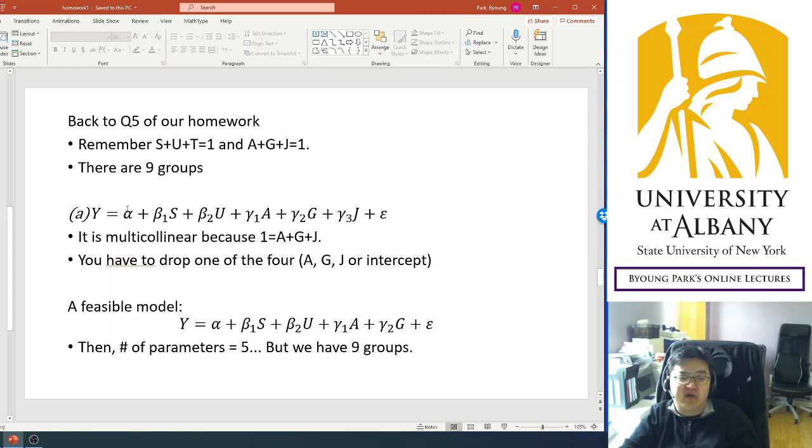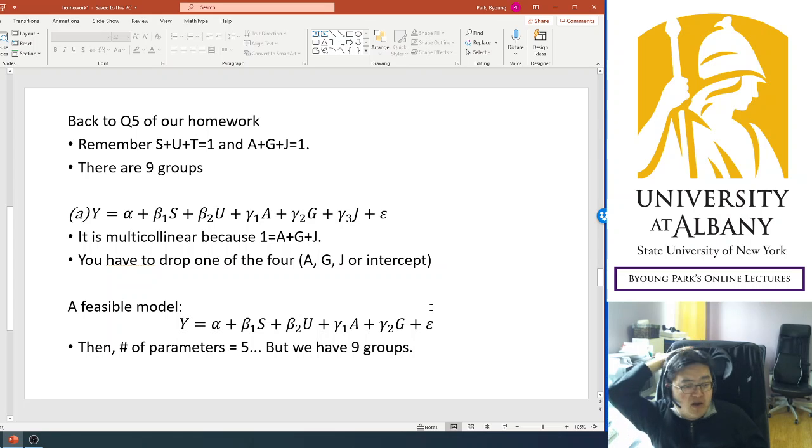You may drop the intercept, or you may drop one of those 3. For example, if you drop J, the last one, then you get this equation. This is a feasible model, and maybe the most common model you see in practice.